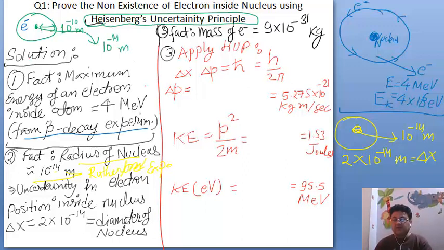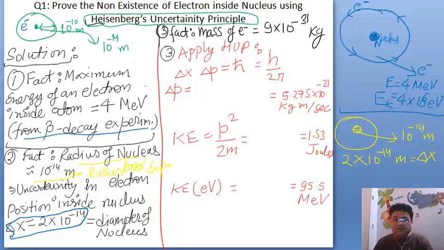So we can say that the uncertainty in the electron's position is of the order of 2 into 10 to the power minus 14 meters. So we have delta x now, the uncertainty in the electron's position.